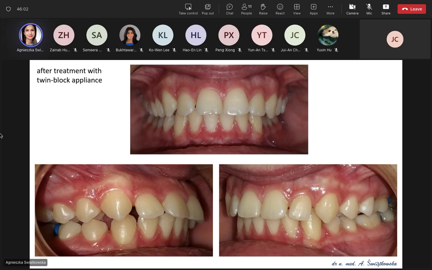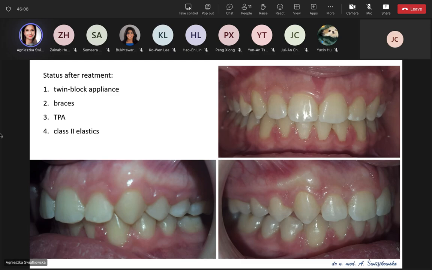That's why the patient needs the next step of treatment with fixed appliances. And here after full treatment, so twin block, braces, TPA, it's a transpalatal arch, because the patient also has rotation of the first molar, and class 2 elastics.